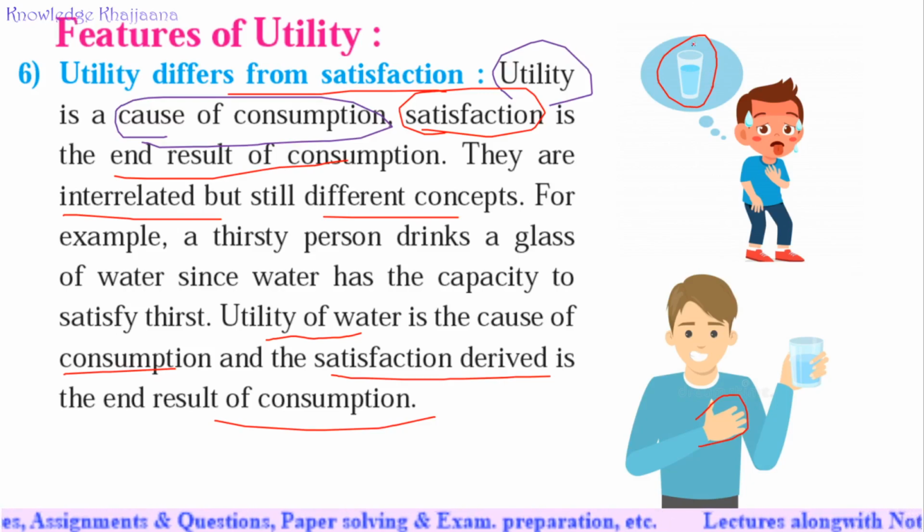Even before its consumption, the utility lies in the glass of water, right? But it will not give the satisfaction to the person until he has drunk or consumed the glass. So he consumes it to quench his thirst, right?